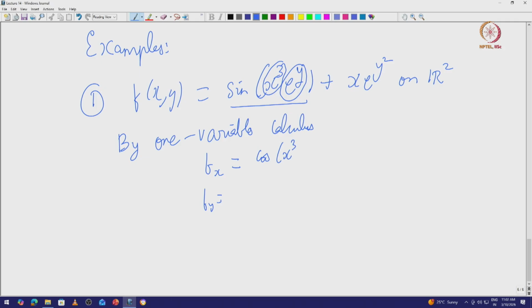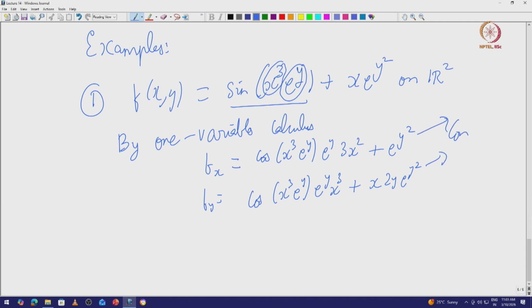So this is e raised to y 3x square plus e raised to y square, and this one is cos of this, the derivative of e raised to y is e raised to y plus x times 2y e raised to y square, right? Now these functions are continuous everywhere.